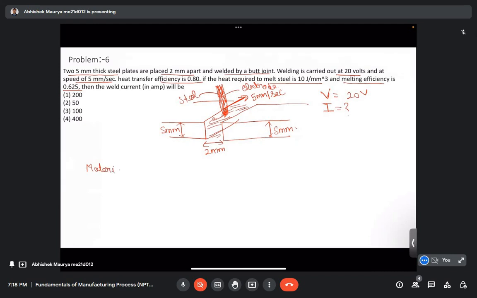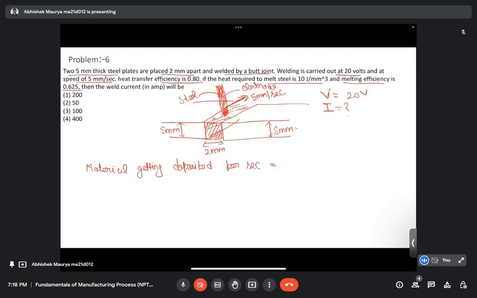Material getting deposited per second will equal this hashed area multiplied by the speed of the electrode.